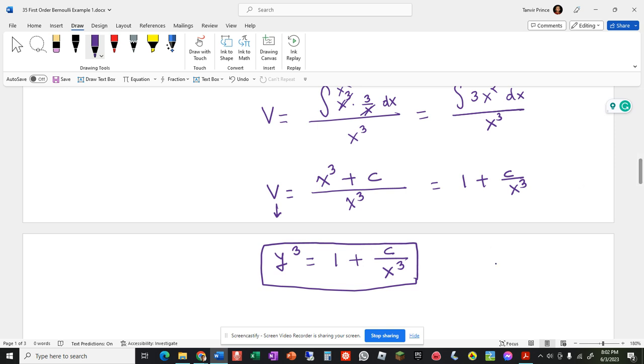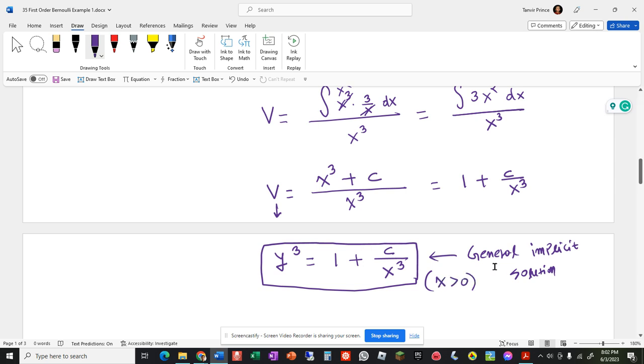And that's my general implicit solution. And then of course here the restriction is x is bigger than 0, so I should actually write that down.